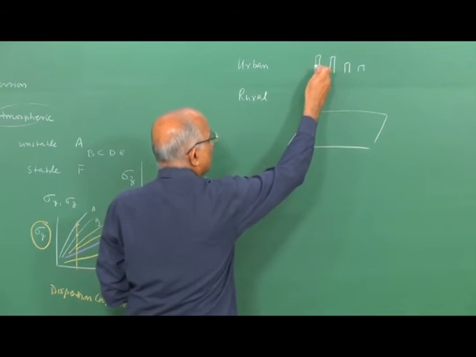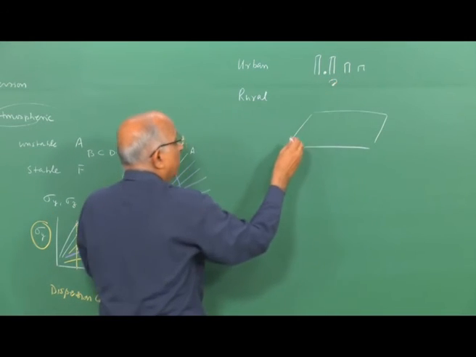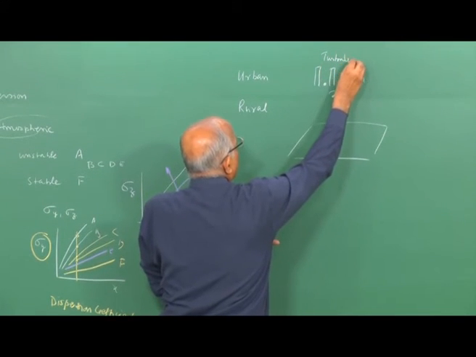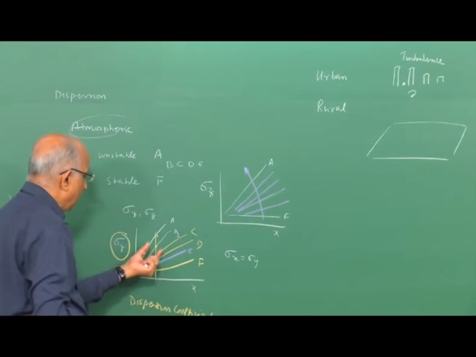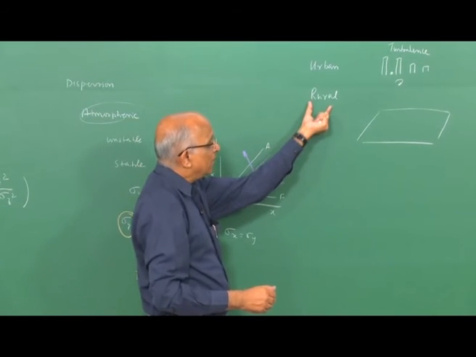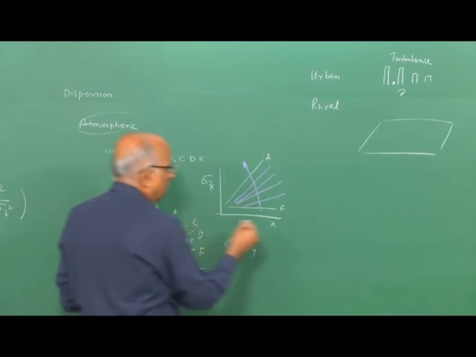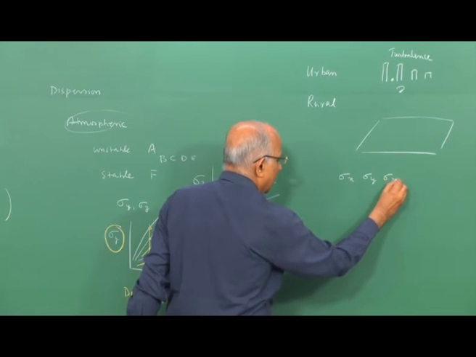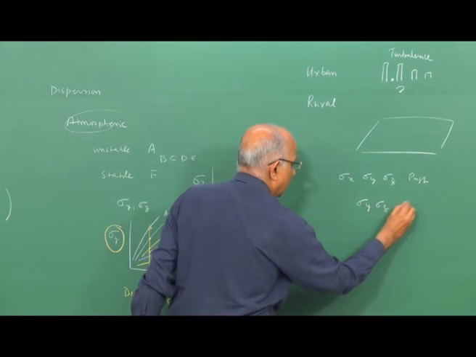It means more resistance due to the buildings and all that. Some eddies are formed, maybe wakes are formed, and the turbulence level in an urban area is much higher than in a rural area. Therefore, when these coefficients are determined, let us say the dispersion coefficients sigma x, sigma y, sigma z for a puff, and sigma y, sigma z for a steady release.